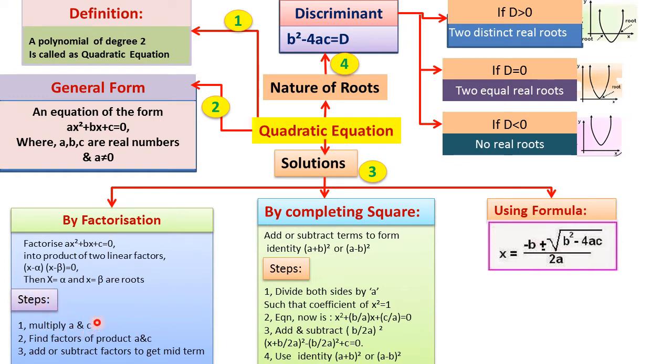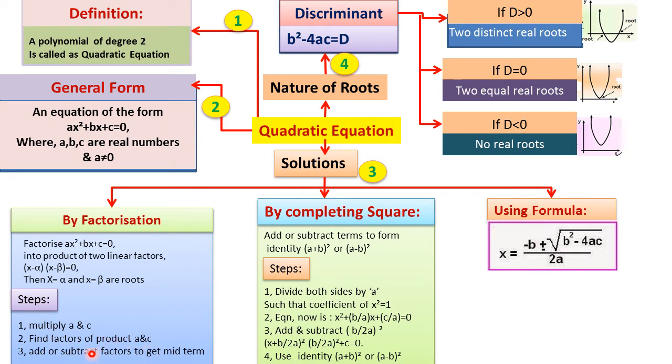The first step is to multiply a and c. Whatever equation is given to you, the coefficient of x square, that is a, is multiplied with the constant c. Once we multiply a and c, the second step is to find the factors of the product of a and c.